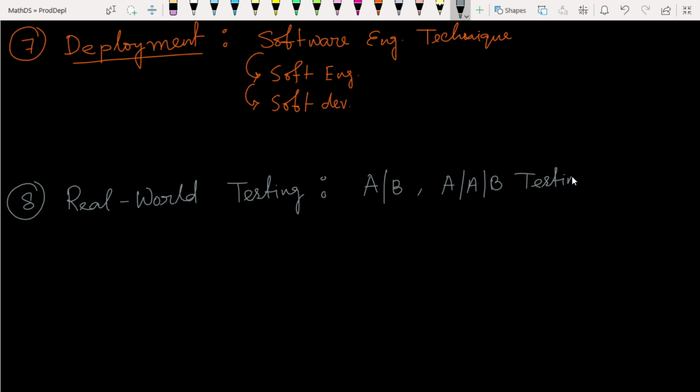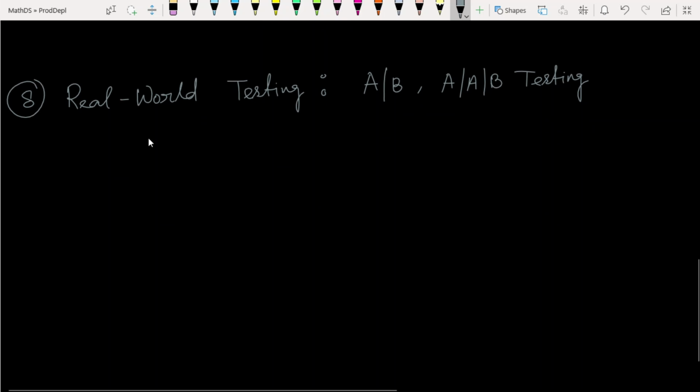We have learned how to test whether our model will replace the old model, or whether our old model is better. When we discuss the case study, you will see how to apply these things in a production board. So this is the sample real world testing.